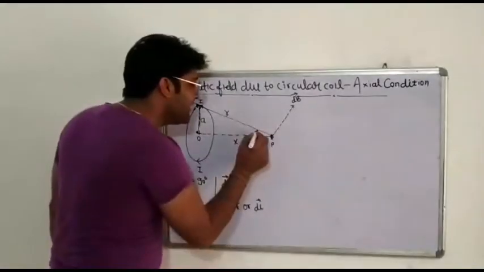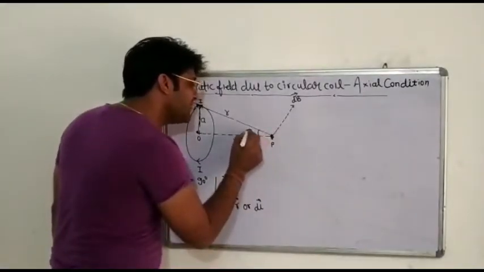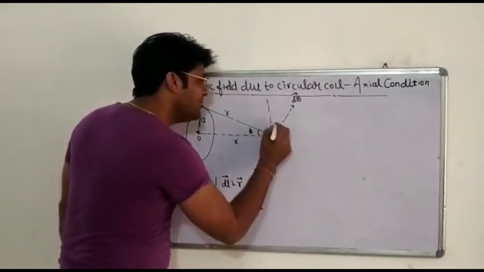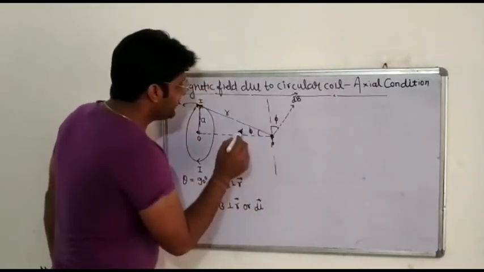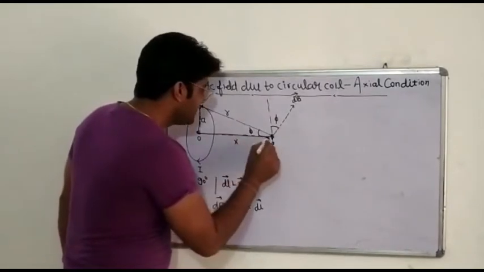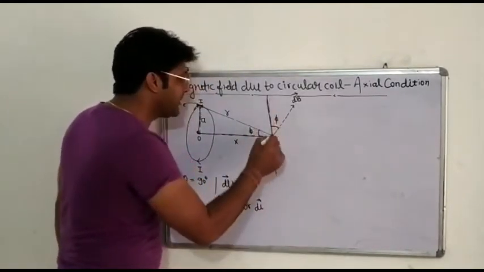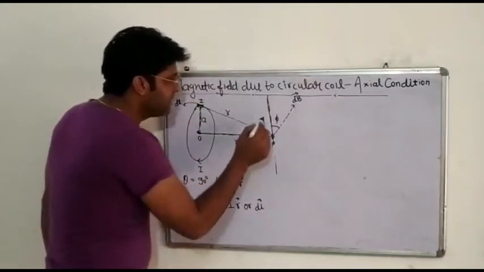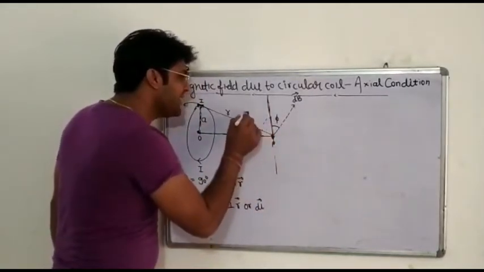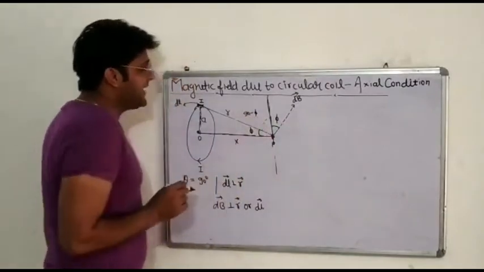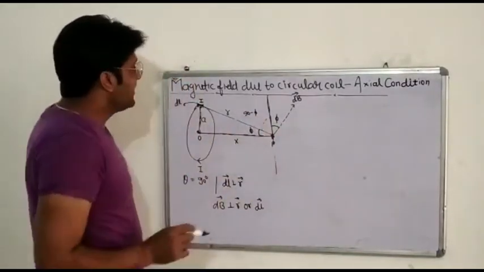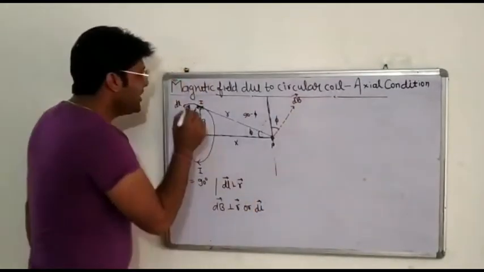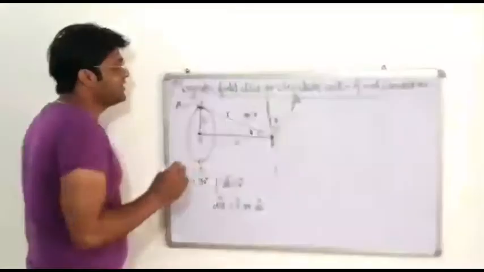Consider that, dear students, this angle is phi. So this angle will also be phi because this line and this line are perpendicular, and r and dB are also perpendicular. So this is 90 minus phi, you can find that, so this is phi. Dear students, this is the small magnetic field only due to this small current carrying element.